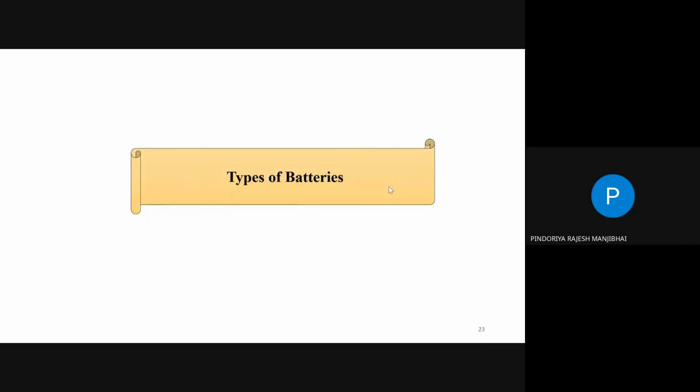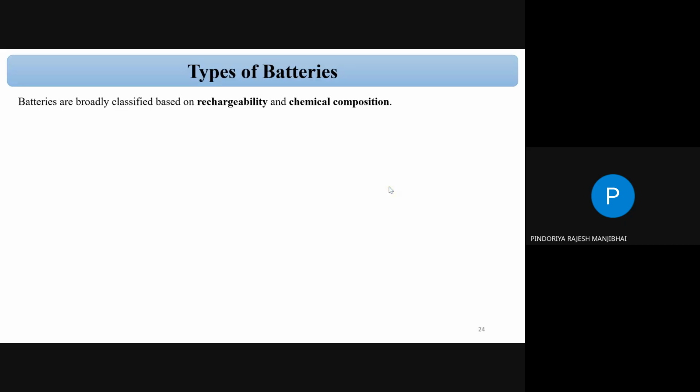Now, type of the battery. Many types of batteries are available in the market. Batteries are broadly classified into two categories. One is a rechargeable battery and one is a non-rechargeable one.